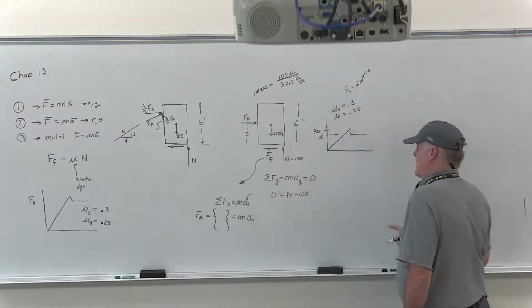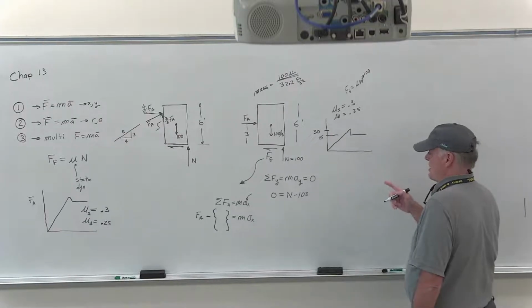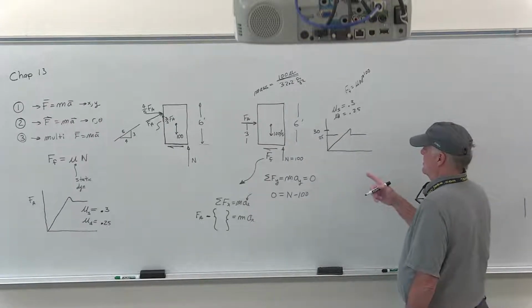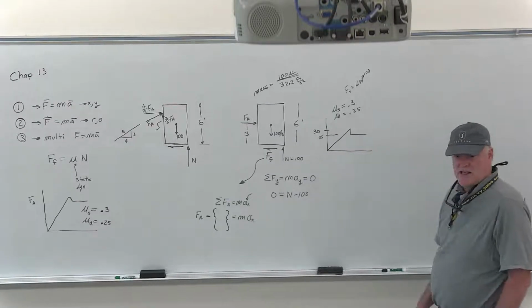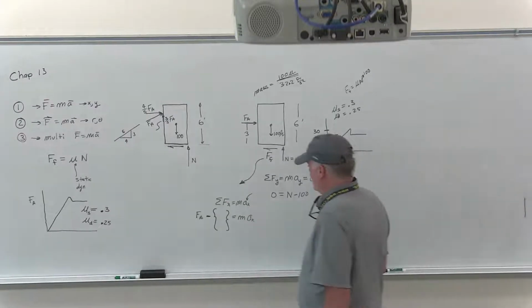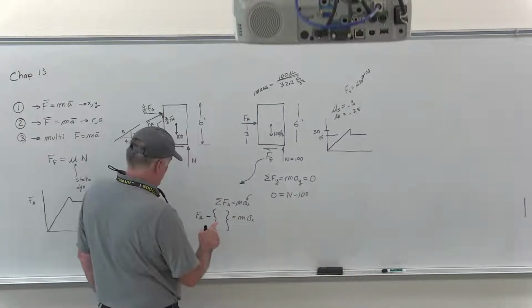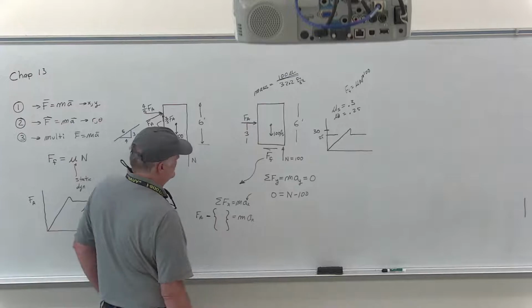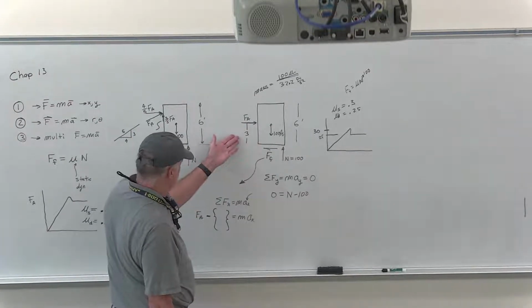So first of all, you got to push it with more than 30 pounds to get it started. Once it's started, it's just moving with the 25 pounds. Does that make sense? So I filled both of these in, but I really shouldn't. This just gives me a guide that I got to have more than 30 pounds.